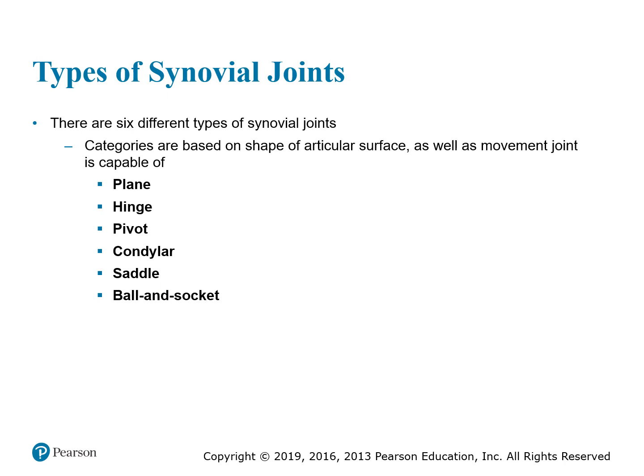There are 6 different types of synovial joints, and the categories are based on the shape of the articular surface, as well as the movement that the joint is capable of. These categories are plane, hinge, pivot, condylar, saddle, and ball and socket.